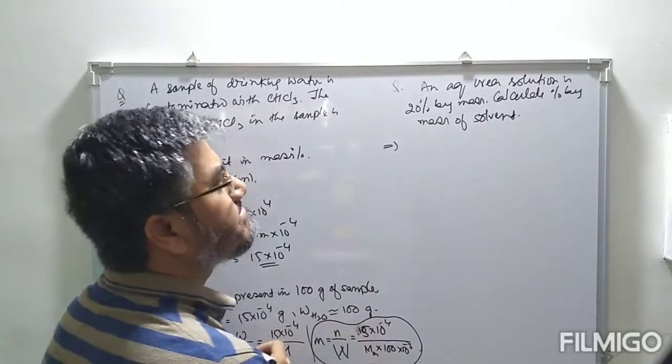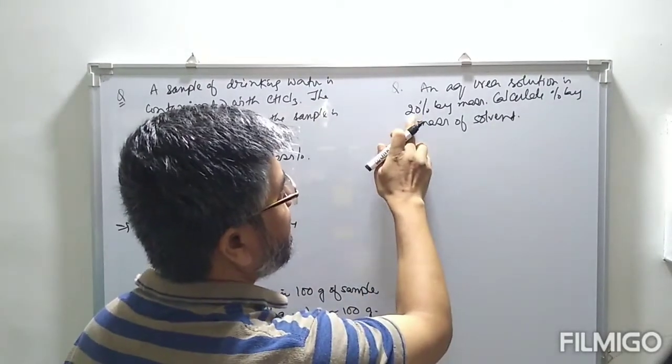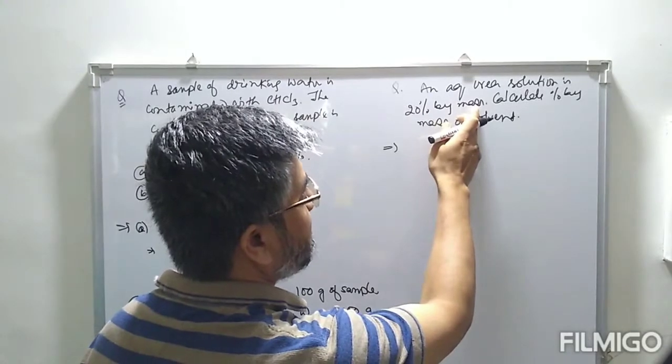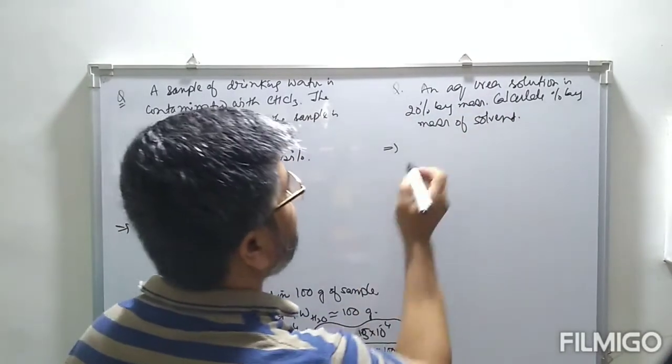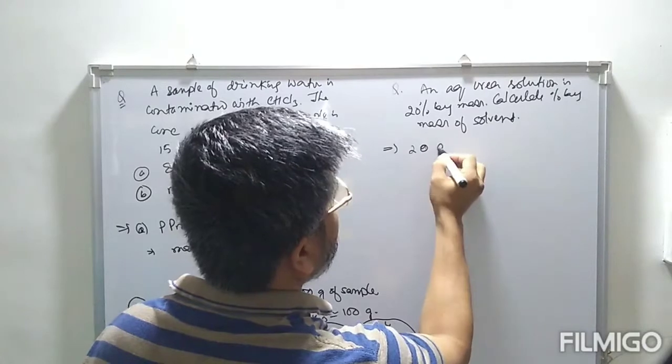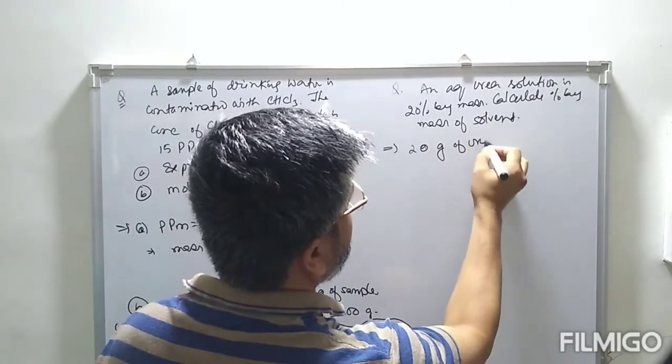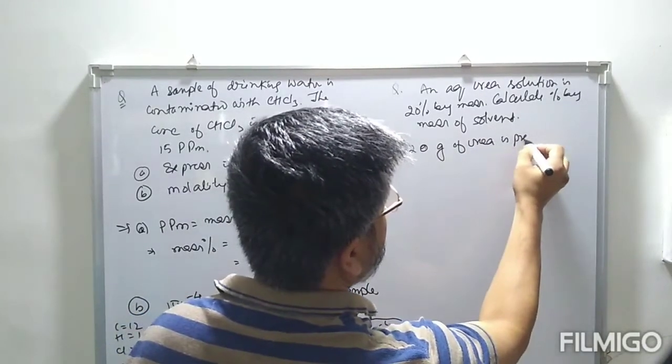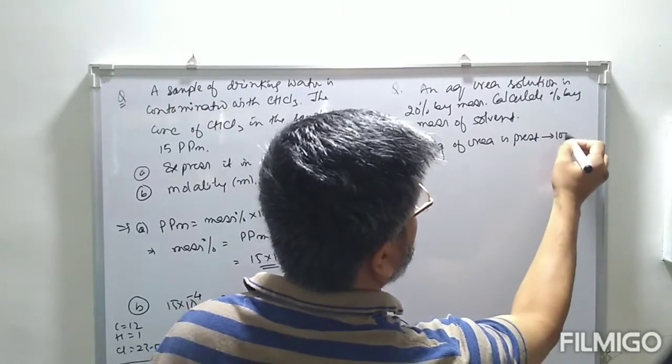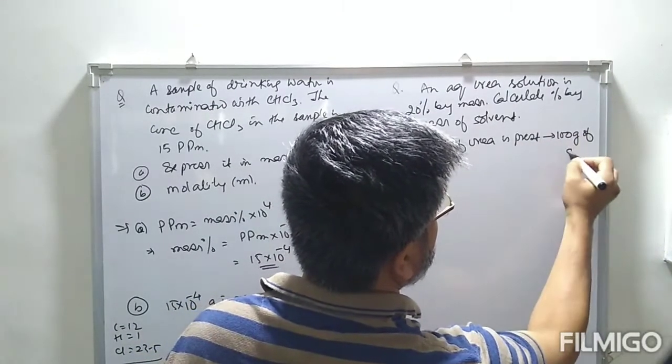So if you look at this, 20% by mass of solution means 20 gram of urea is present in 100 gram of solution.